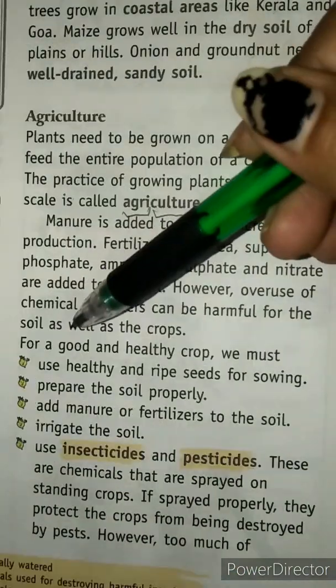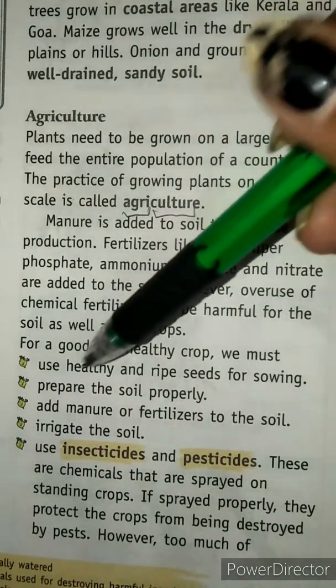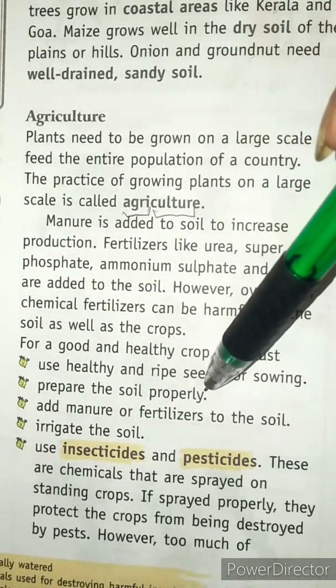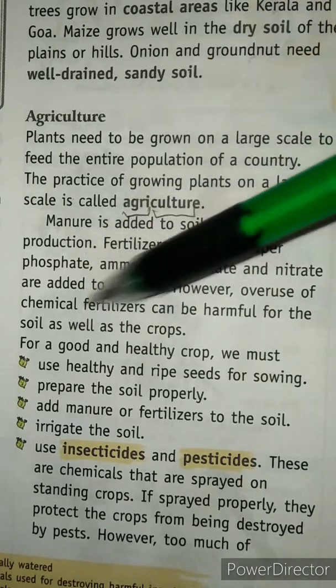Got it? For a good and healthy crop we must do what? Use healthy and ripe seeds for sowing and prepare the soil properly, because when you leave some lumps, it would not receive the water content properly, so our crops would not grow properly, right?